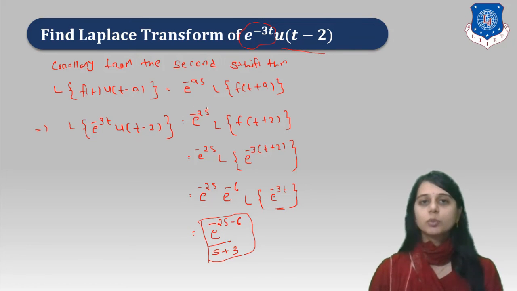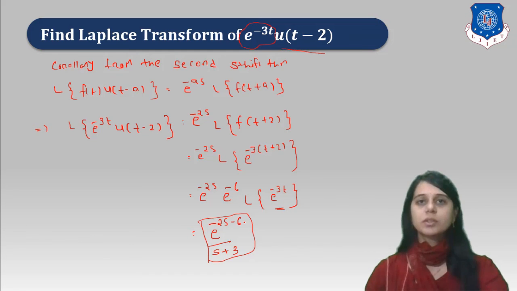So we take e raised to minus 2s Laplace of f of t plus 2. But here the function is e raised to minus 3t, so we replace t with t plus 2. So we take e raised to minus 2s, and e raised to minus 6 as a constant common. Applying Laplace of e raised to minus 3t, it is e raised to minus 2s minus 6 upon s plus 3.